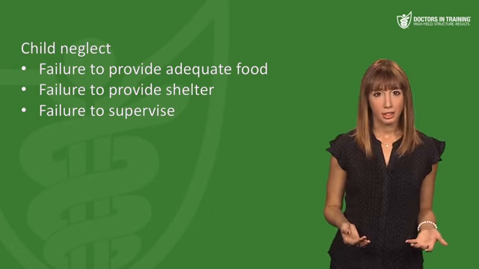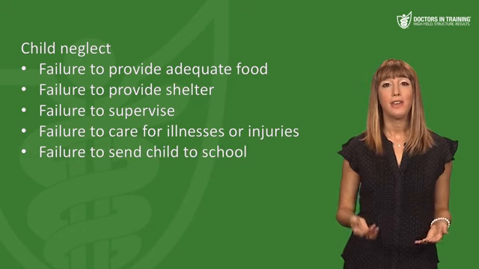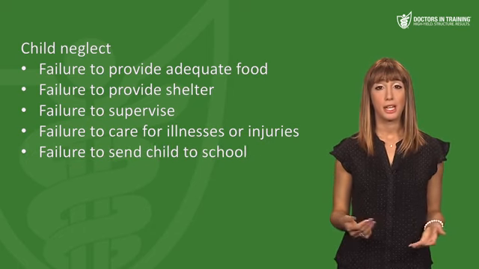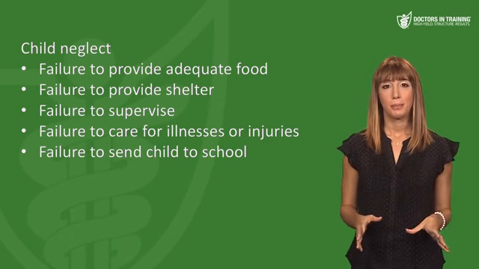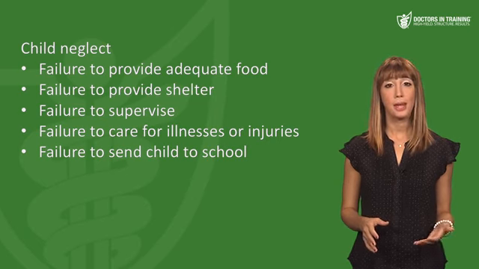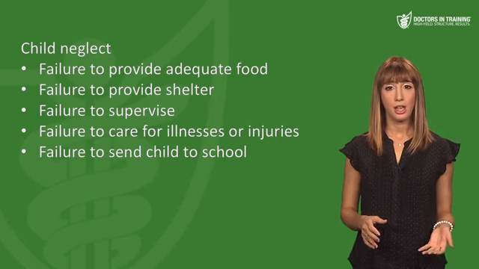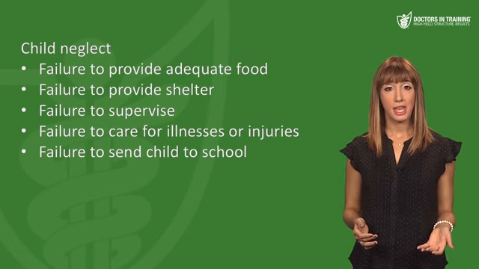It could be medical neglect, failure to care for the child's illnesses or injuries, and even failure to send the child to school could be considered neglect. These children may present with malnutrition, failure to thrive, poor hygiene, and impaired social or emotional development. And just like child abuse, child neglect needs to be reported to CPS.